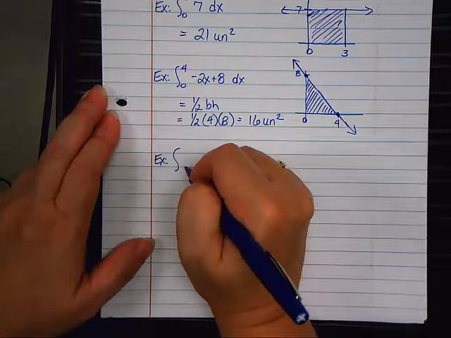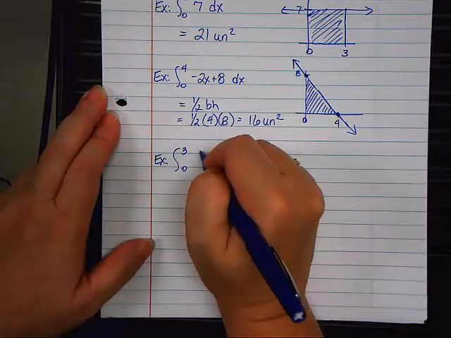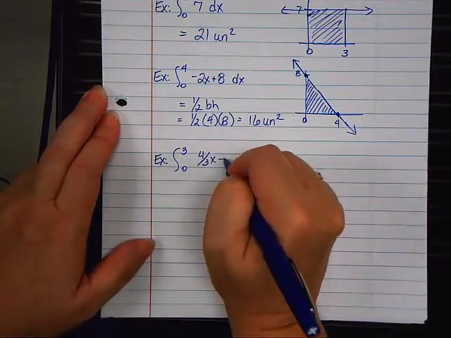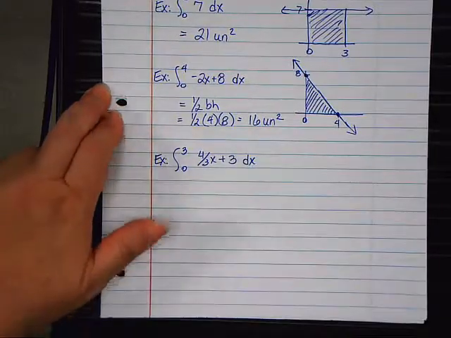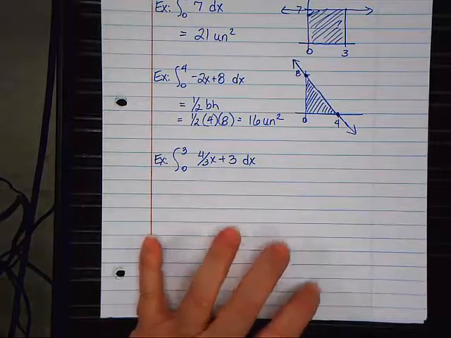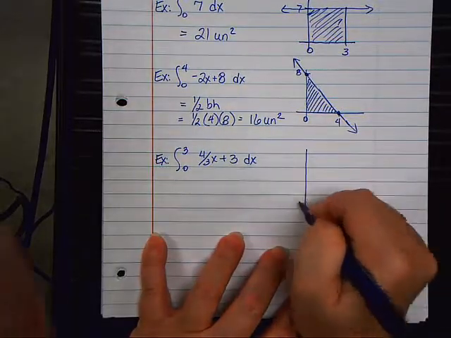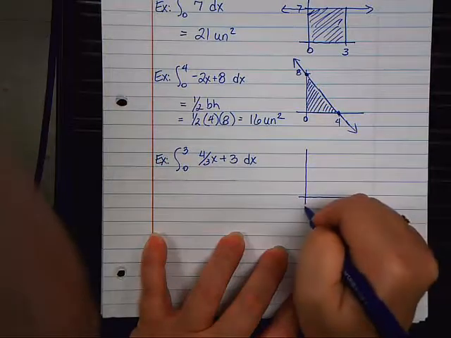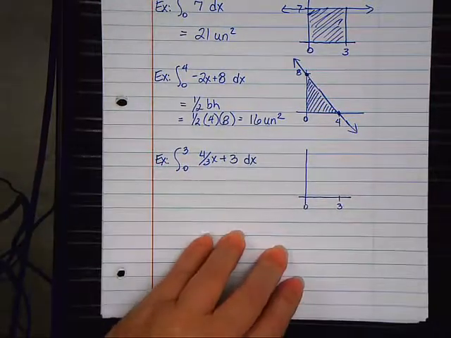The integral from 0 to 3 of 4/3 x plus 3 dx. Quadrant 1? Yes. 0 to 3 again.